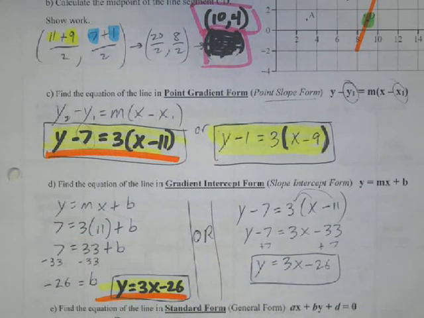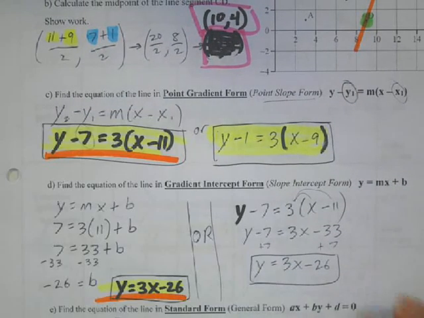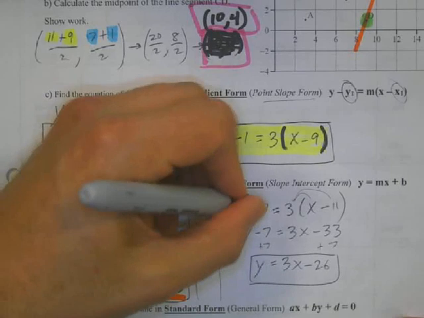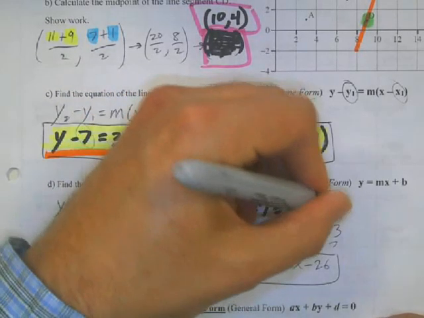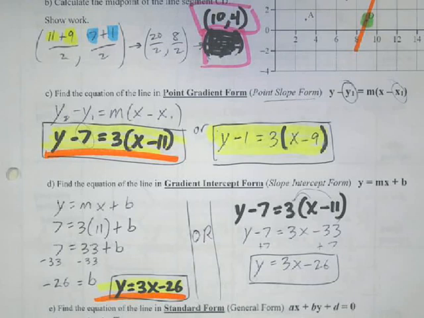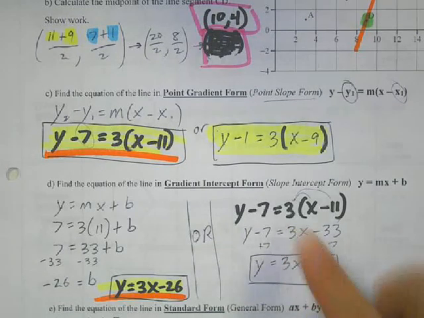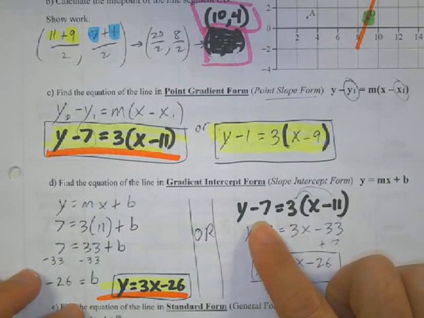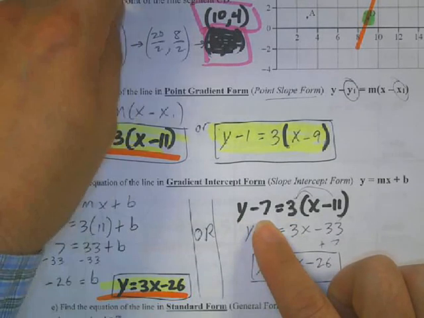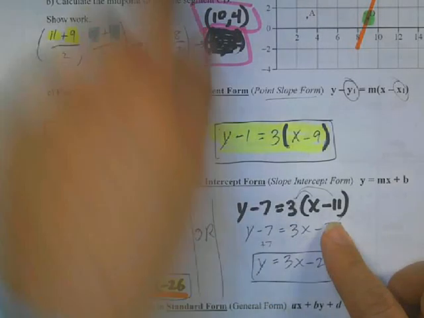Or I can write this in my slope-intercept form. We know the slope is 3. We know that the y value is 7 and the x value is 11.